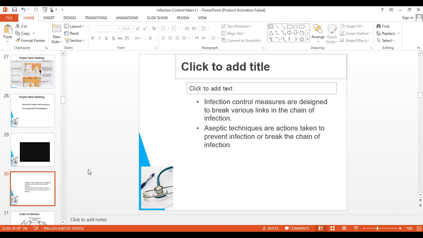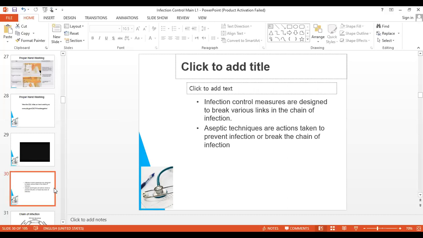طيب. Why we are doing the infection control procedures, or what is the idea? ايه هي الفكرة في infection control? Infection control procedures, any procedures that we will discuss inshallah, is for break down various links of the chain of infection. يعني انا عندي حاجة اسمها infection chain هنتكلم عنها دلوقتي حالا.